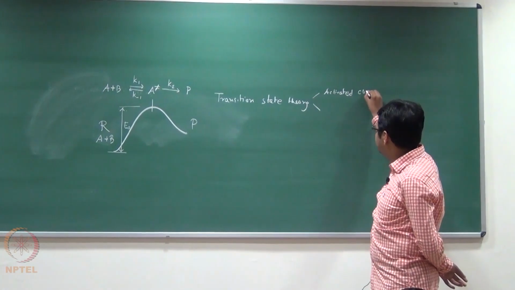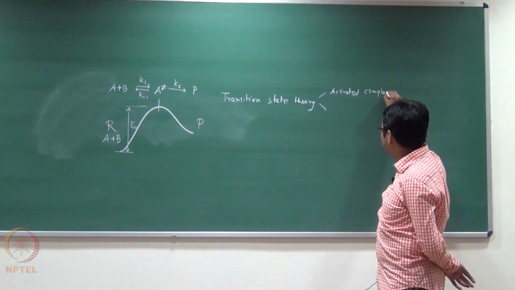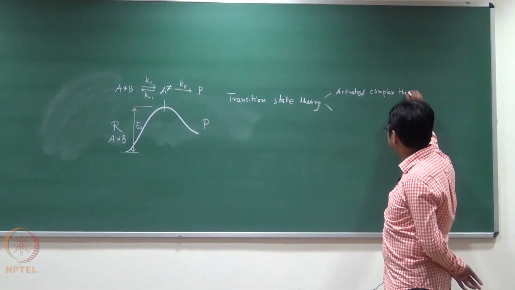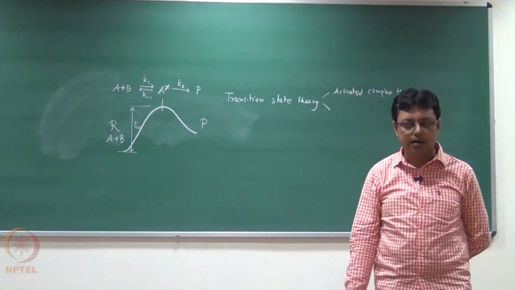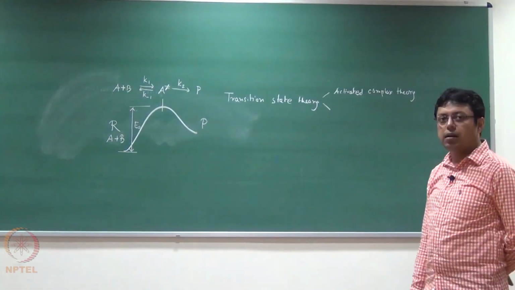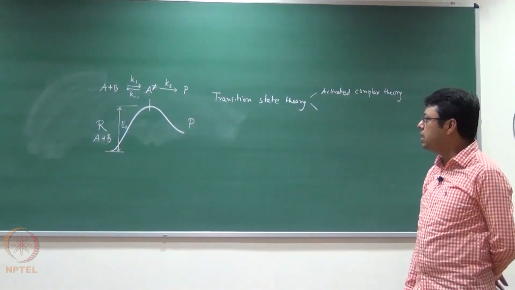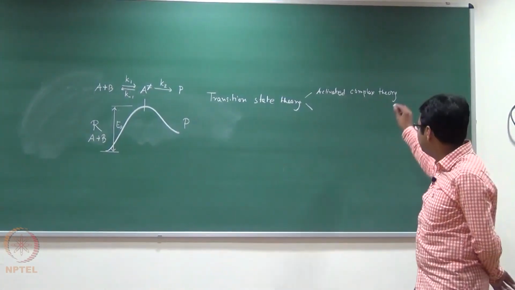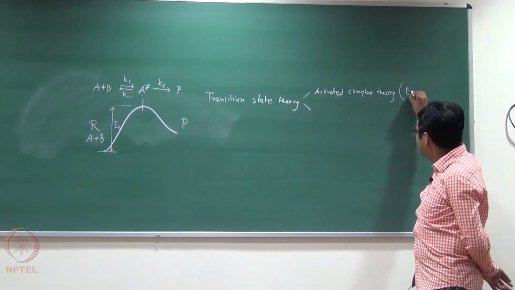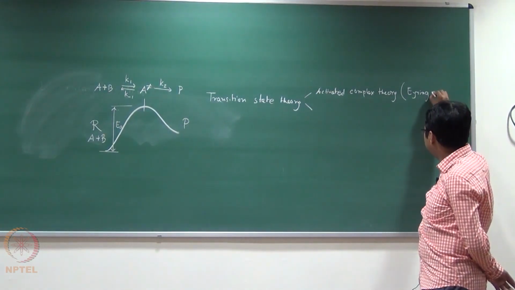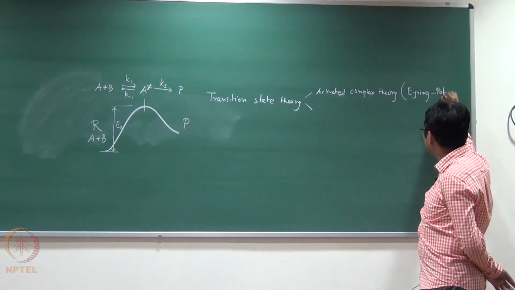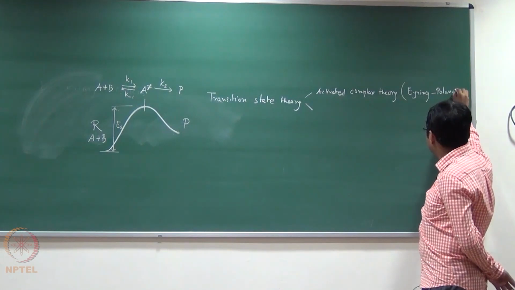So it is more widely known as activated complex theory, which is also discussed in any elementary physical chemistry text. But later, people realized that this version, given by Henry Eyring and Evans, as well as Michael Polanyi, I'm just writing Eyring and Polanyi.